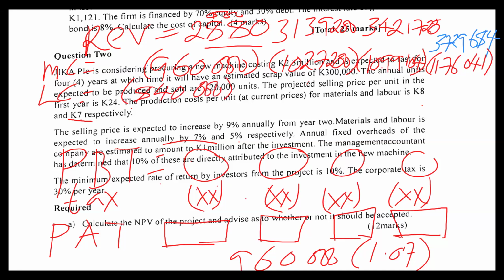Can you grow this now, at what percent? At 5%. The next one will be 882,000. Okay, the third one, grow this same one again. 926,100.